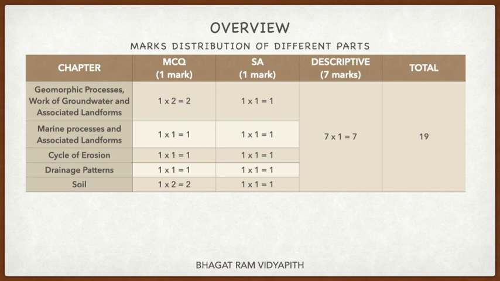However, 1 descriptive type question might appear from any of these chapters. Thus, the total marks that can be expected from all these 5 chapters taken together is 19: 7 for the descriptive, which is common throughout, plus the addition of all the individual marks.